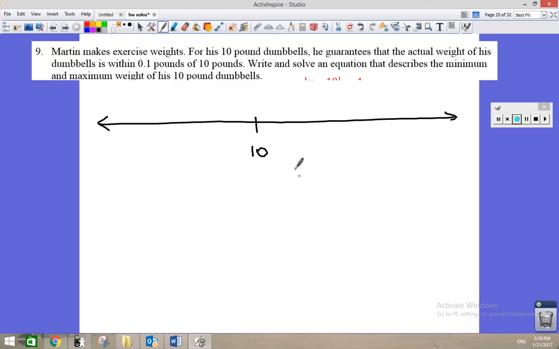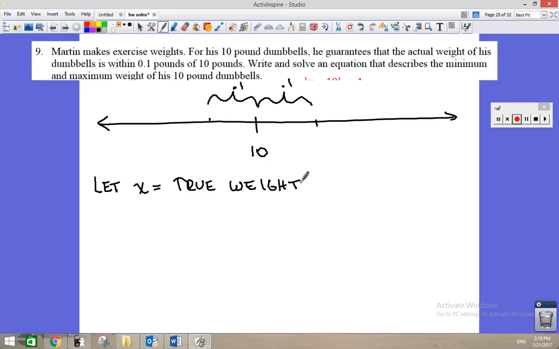Martin sometimes has weights that are overweighted or underweighted, but not by very much, by just 0.1, by 1/10 of a pound. So if we let x be the true weight, we know it's close to 10, but it's not going to be exactly 10.